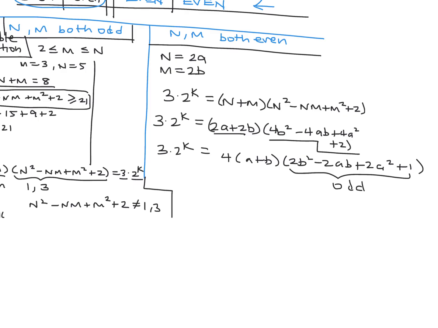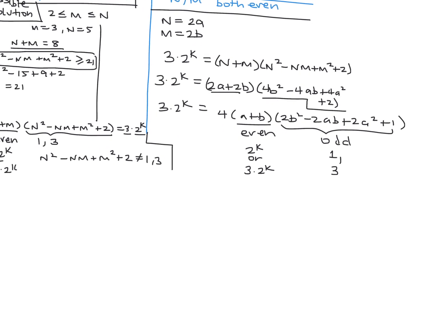And therefore this obviously has to be the even one. So this has to be the 2 to the k or the 3 times 2 to the k. And this side has to be either the 1 or the 3. Very similar to last time. Okay, I think we're getting somewhere.